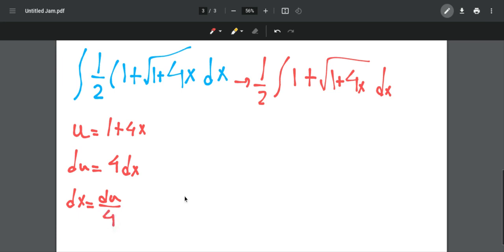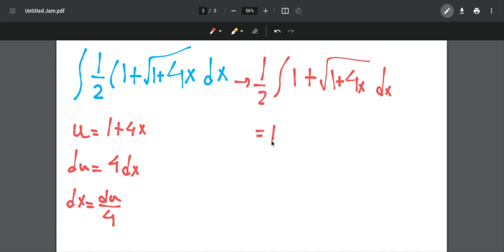And now I can just plug in. Because we want to take the integral into the u world, I have a constant of 1/4, and I can take it out of the integral.